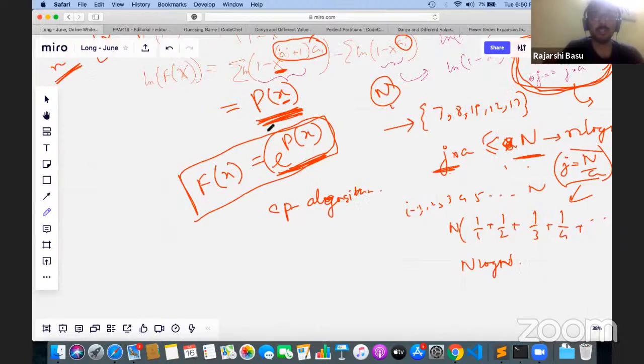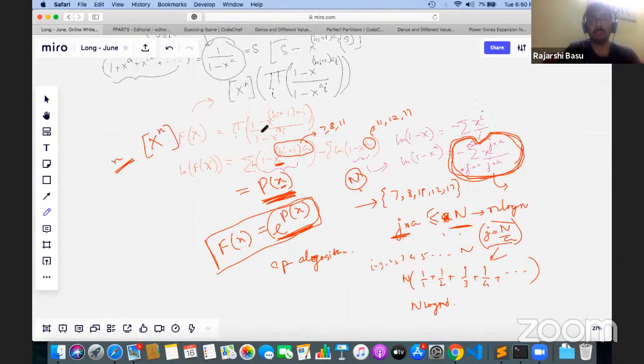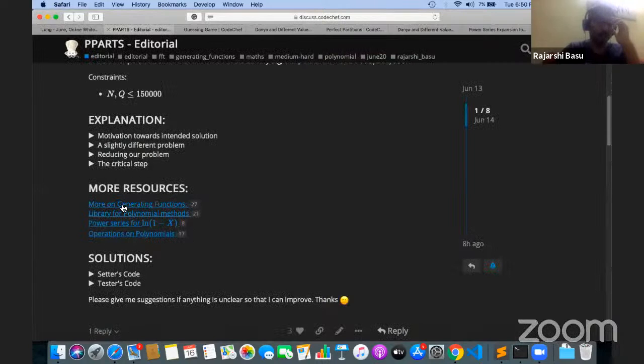So this was the intended solution. Read the editorial if you have some doubts and want some links to study up more. I've given 3 or 4 links, including links to Codeforces. There is a link to a book as well where you can study up more on this.